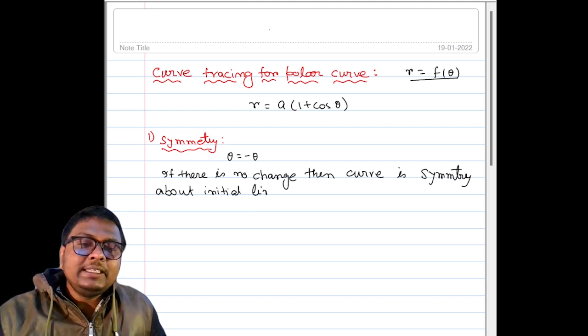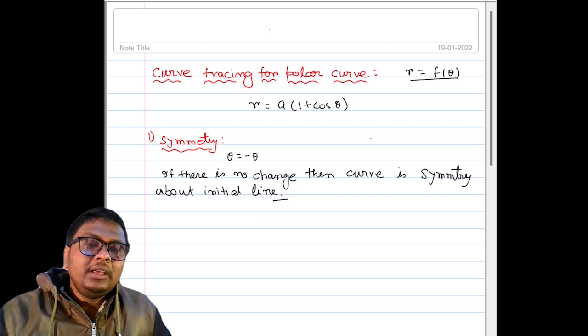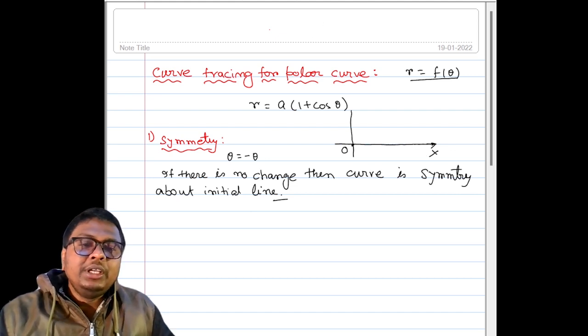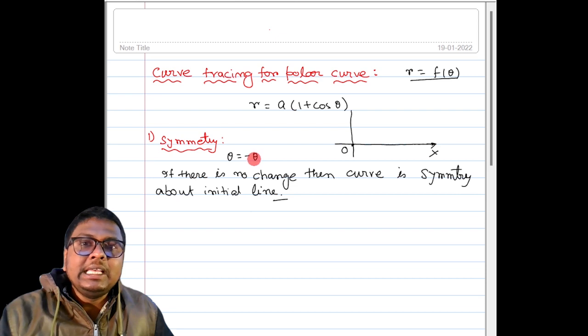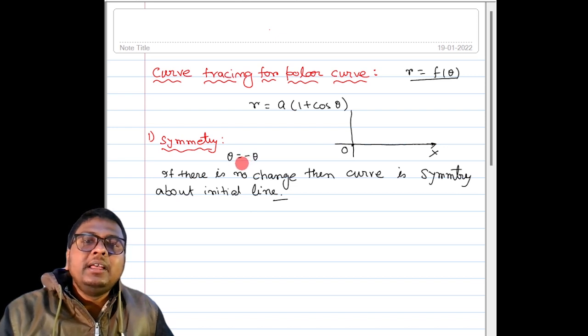What is the initial line for a polar curve? This is my pole O, and this is my initial line OX. So if we put theta equals minus theta and there is no change in the given equation, we can say the given curve is symmetric about the initial line.